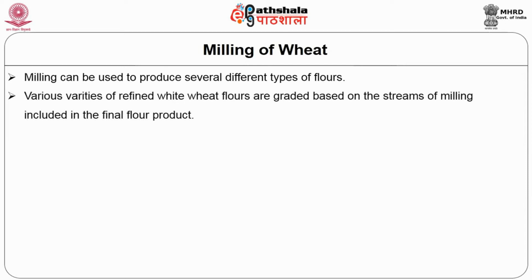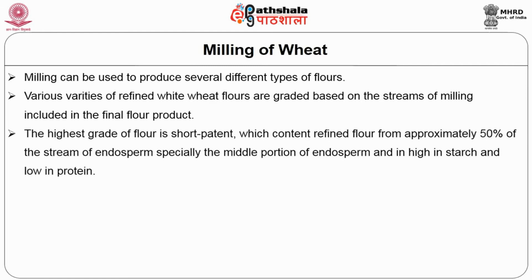Refined white wheat flours from any of the wheat varieties are graded based on the streams of milling included in the final flour product. The highest grade of flour is short patent, which contains refined flour from approximately 50% of the stream of endosperm, especially the middle portion of endosperm, and is high in starch and low in protein.